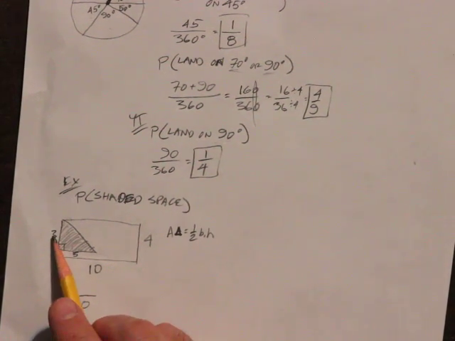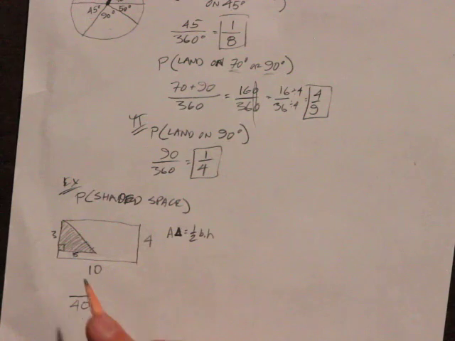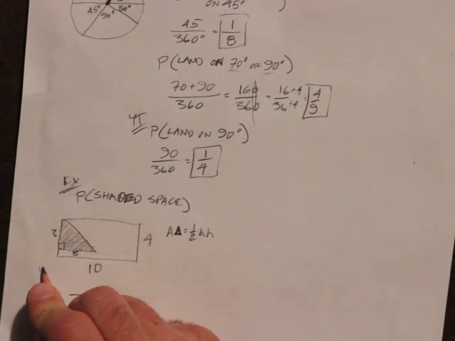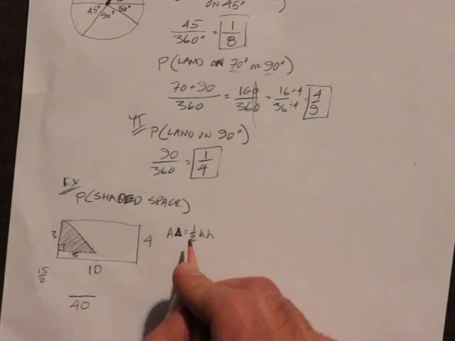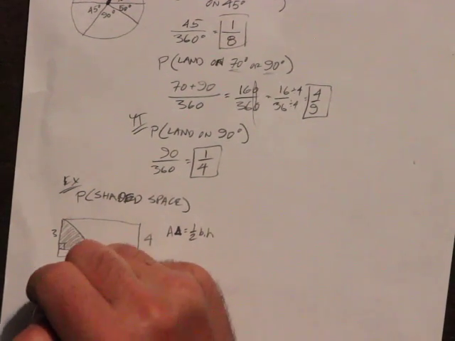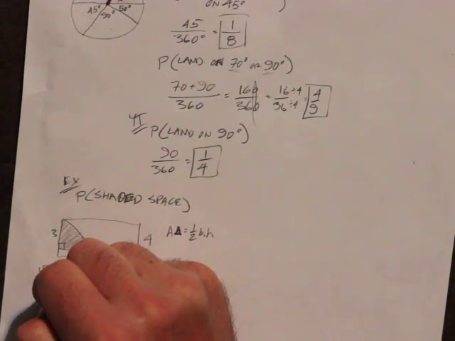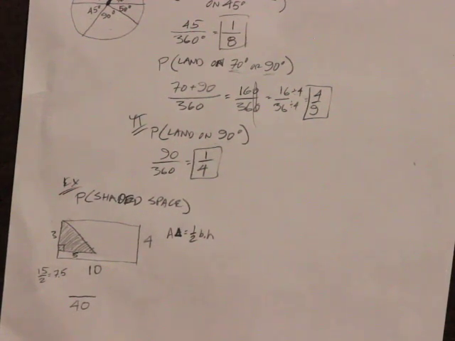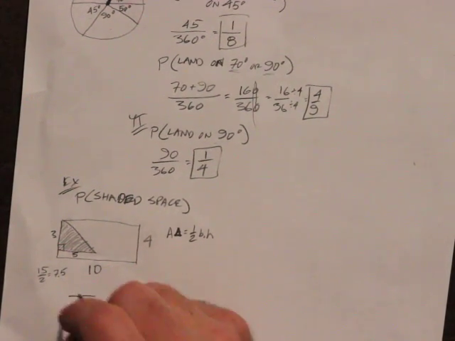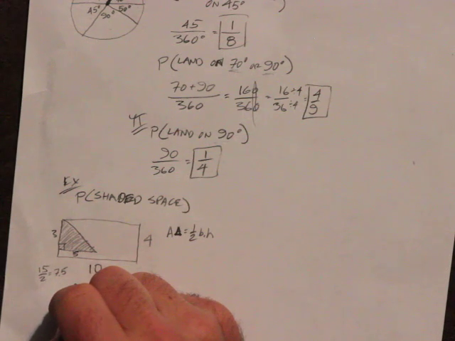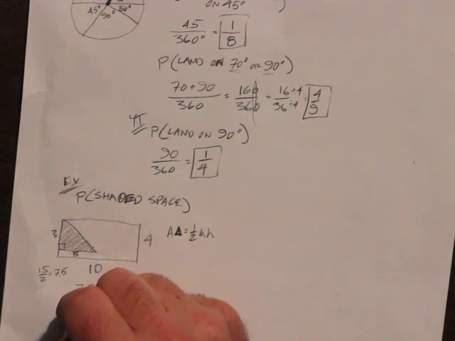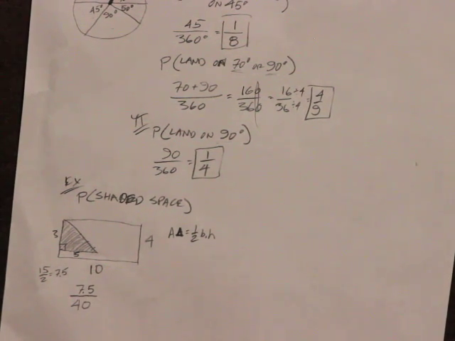So 3 times 5 is 15 over 2, or 1/2 of 15, which is 7.5. So my probability of landing in the shaded region is 7.5 over 40.